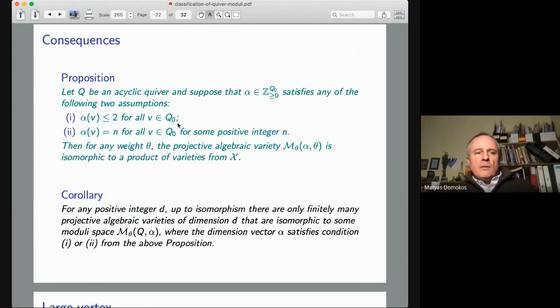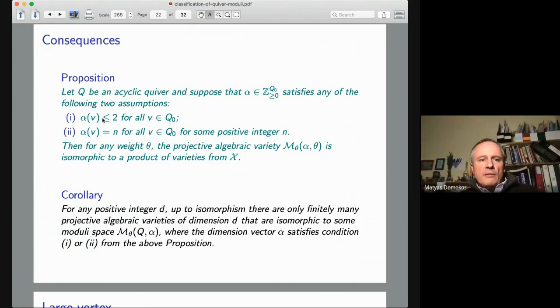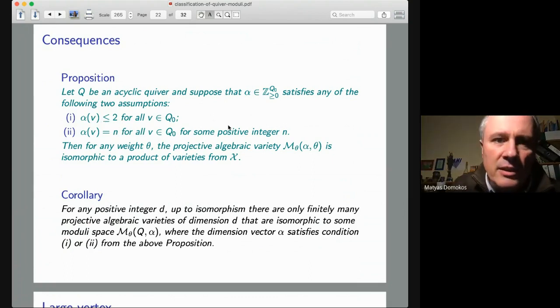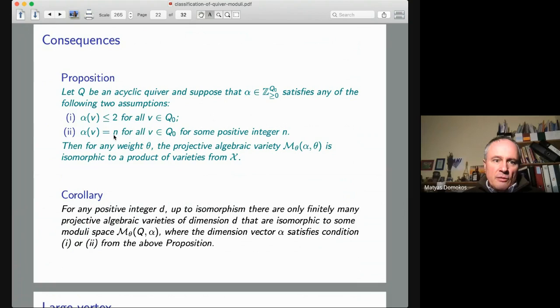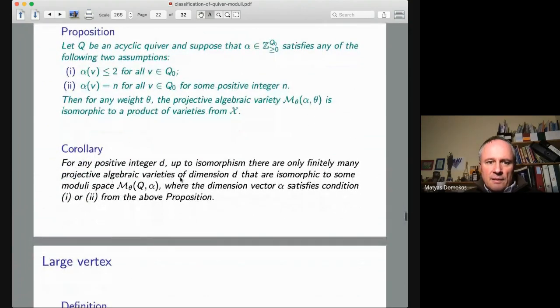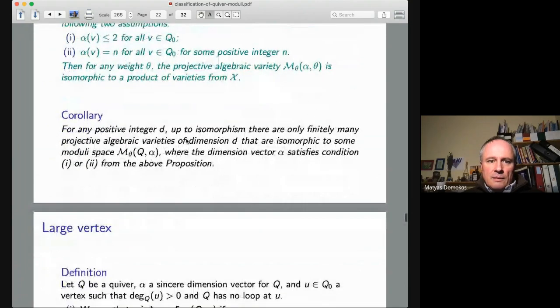Of course, the assumptions on the dimension vectors here are very restrictive, but at least this is a direct generalization of the result on the toric case, where the assumption was that the dimension vector is constant 1. So instead of constant 1, it's enough to assume that it's at most 2 everywhere, or it's the same everywhere, and we have this finiteness result. So this is the corollary.